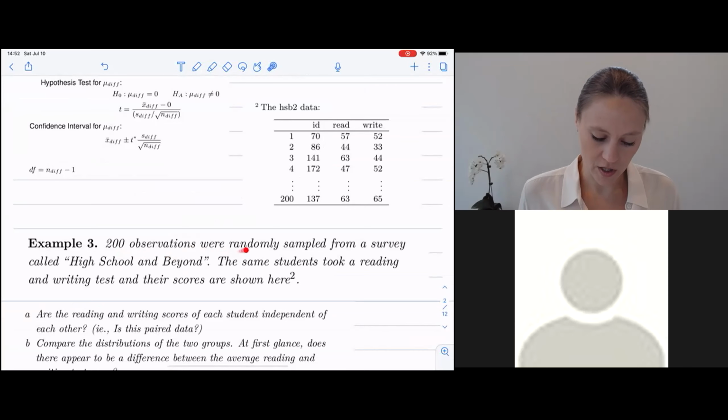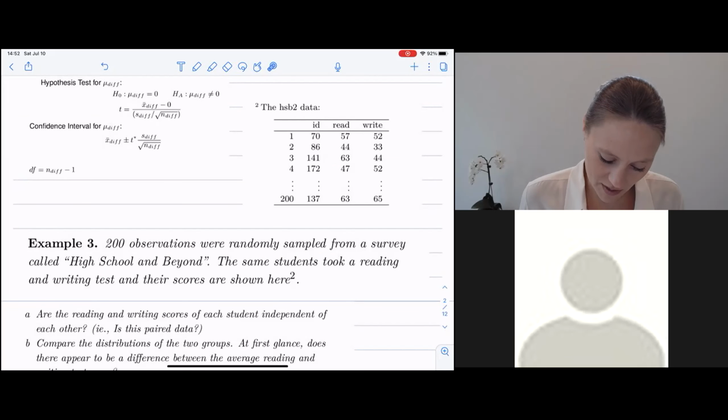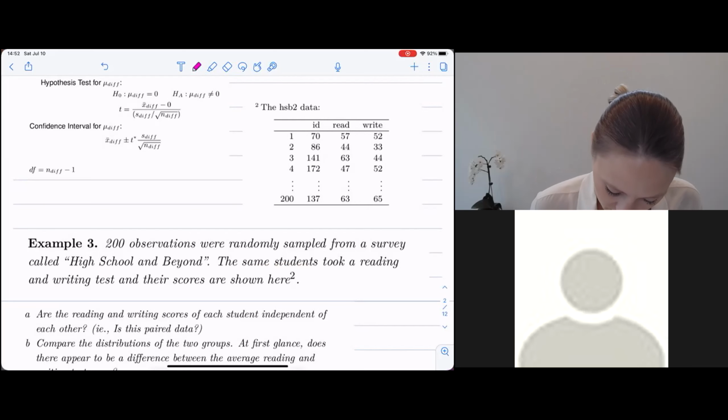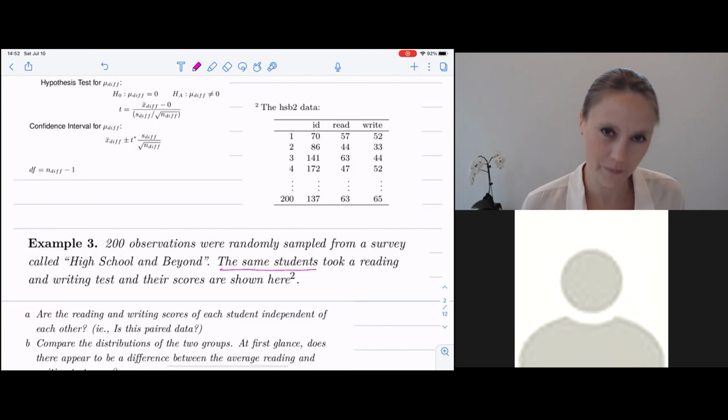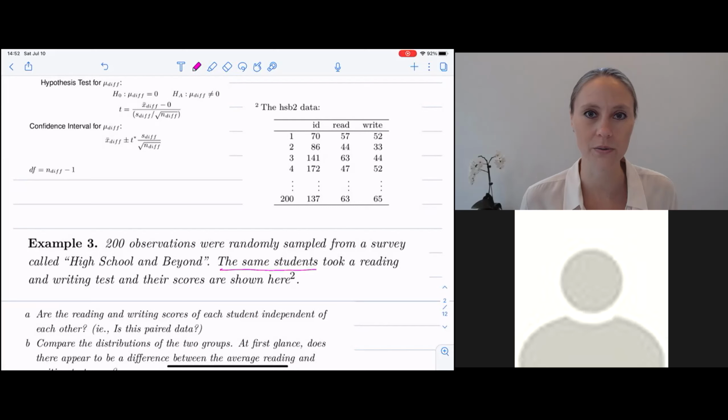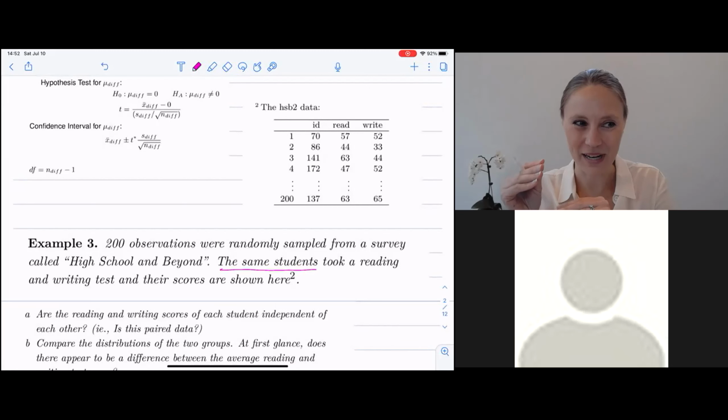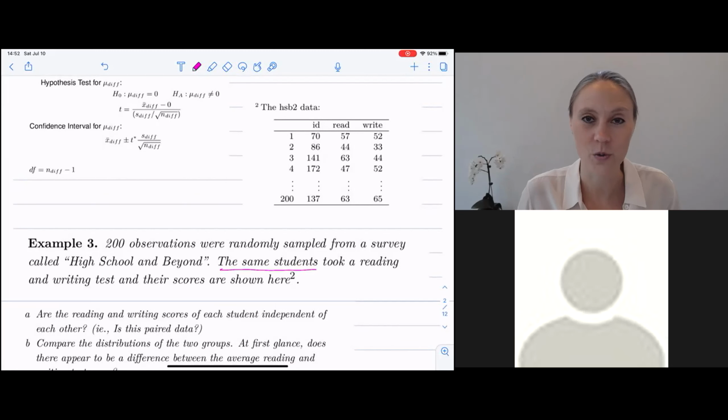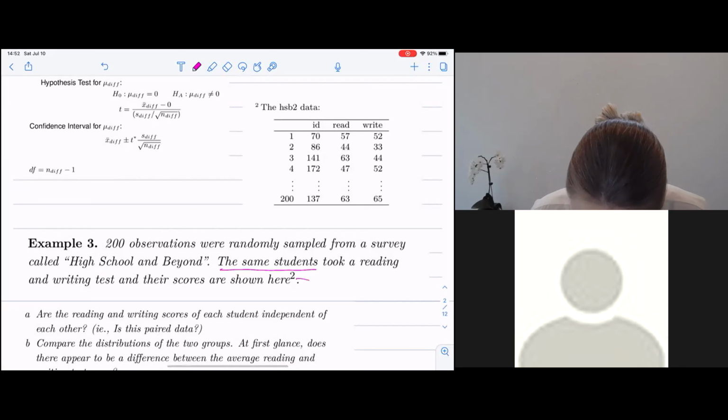200 observations were randomly sampled from a survey called High School and Beyond. Classic. The same students. That's a clue. They took a reading and a writing test, and their scores are shown here.